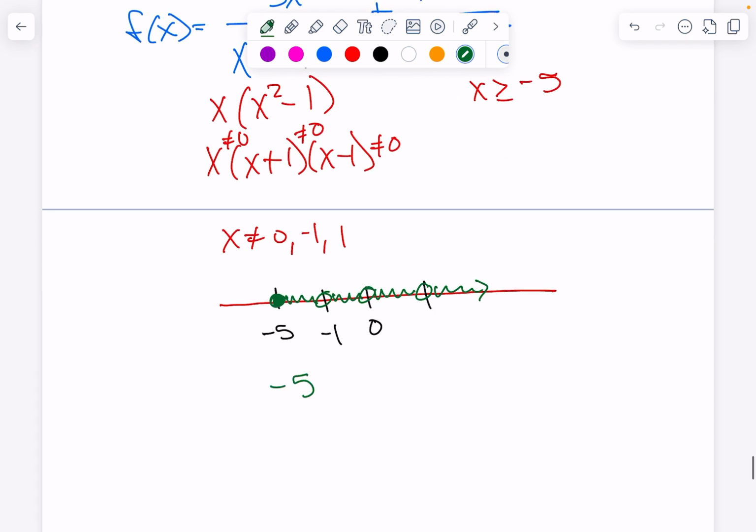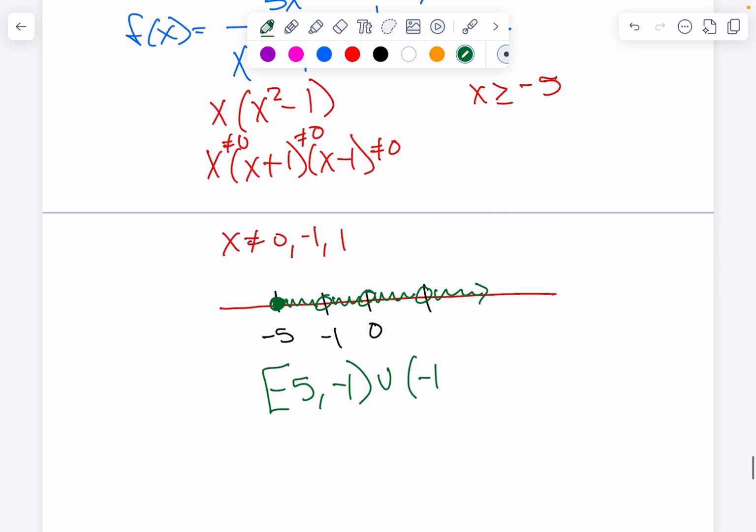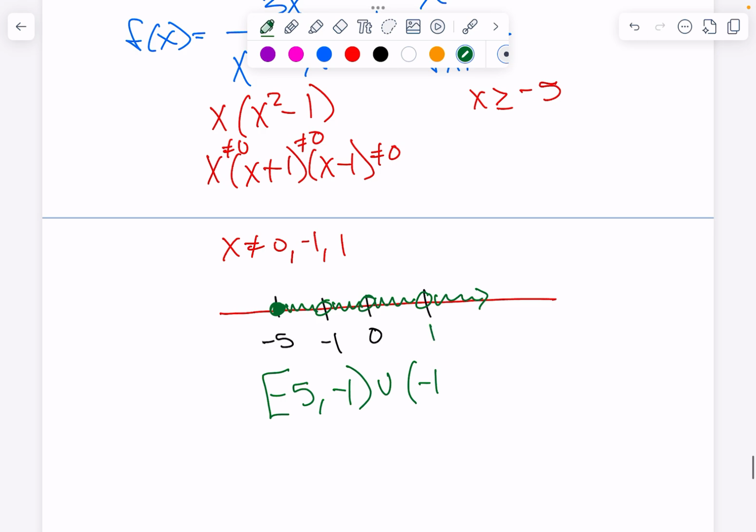So it's negative 5 to negative 1, bracket, parenthesis, and then negative 1. Oh, then I forgot this is 1. Must have erased it somehow. Negative 1 to 0. 0 to 1. And then 1 to infinity. Nope, I almost did something stupid.